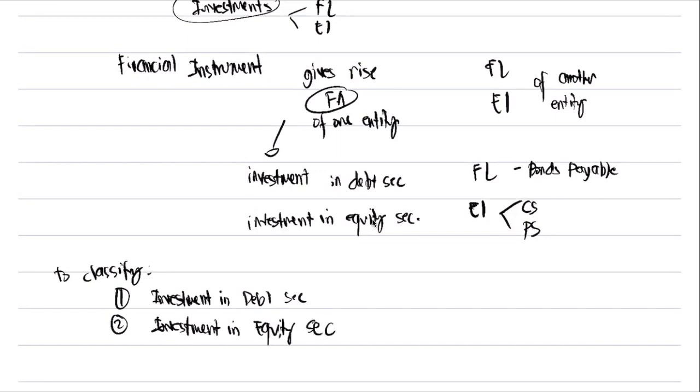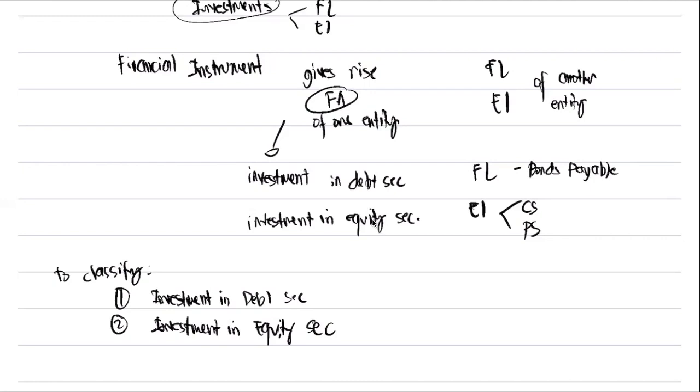So when can we classify it as one or the other? We can classify it as an investment in debt securities if you invested in a bond or a debt investment. So any investment in debt in the form of bonds is an investment in debt security.